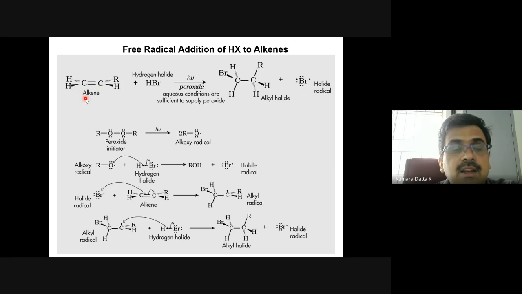From an alkene, we can make alkyl halide, so this works as a free radical addition reaction of haloalkanes from alkenes. Even this part, I think you must have already read, especially about free radicals.